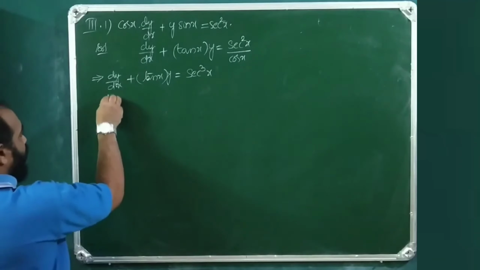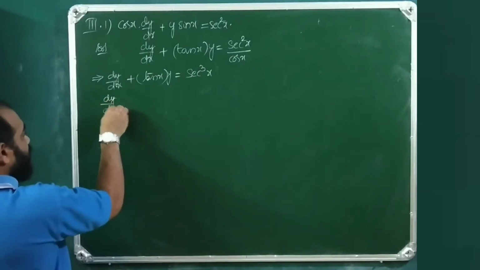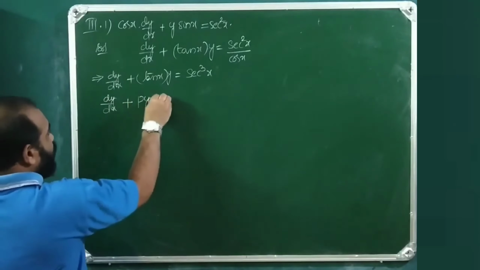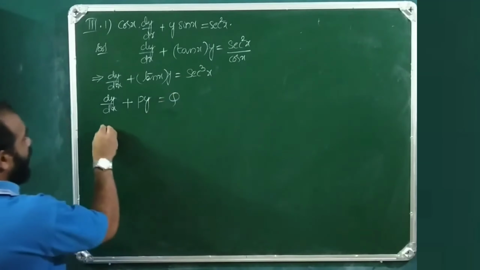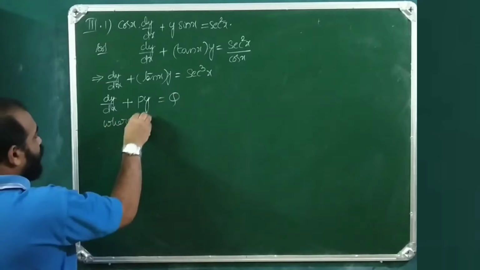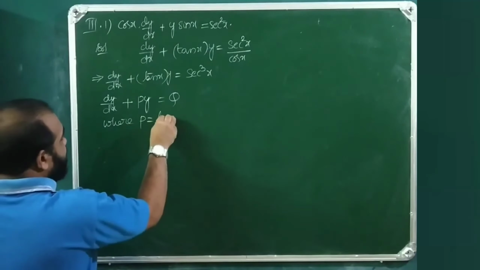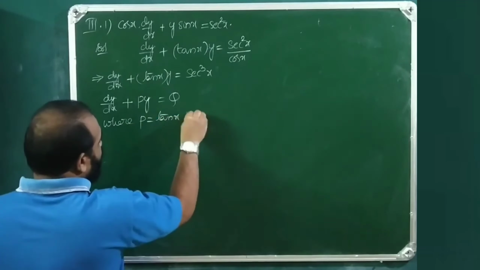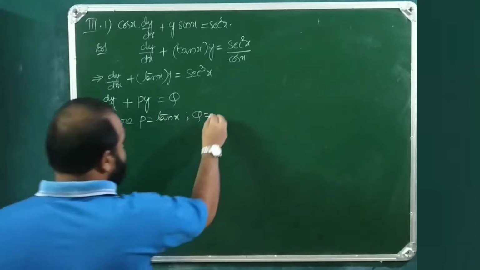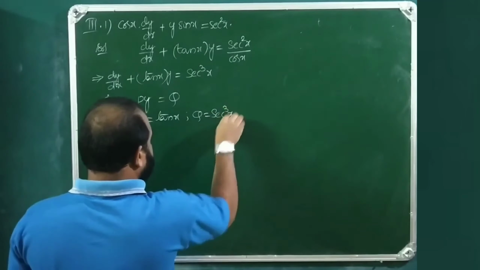Now this is the form dy by dx plus py equals q, where p is equal to tan x and q is equal to secant cube x.